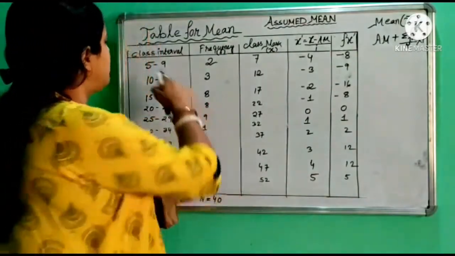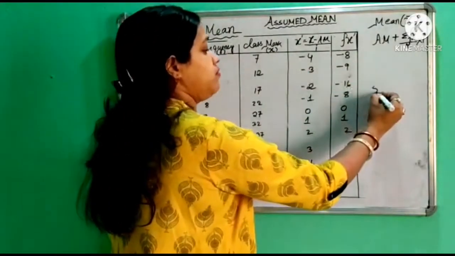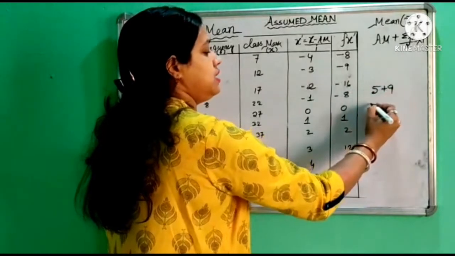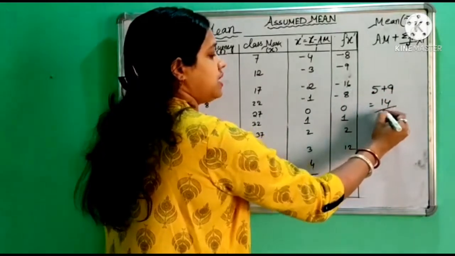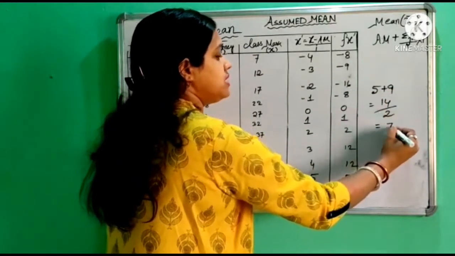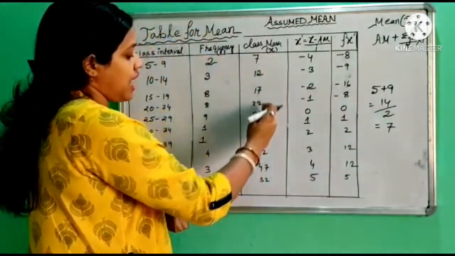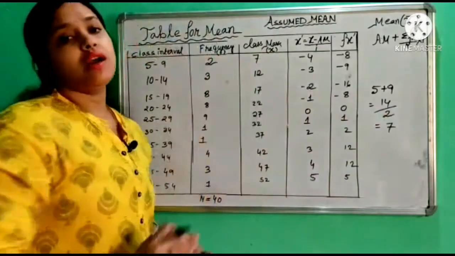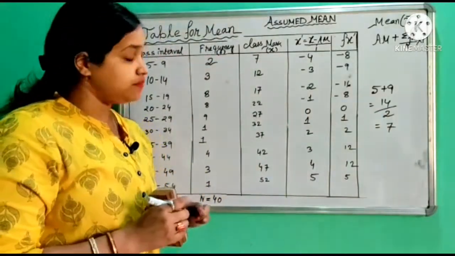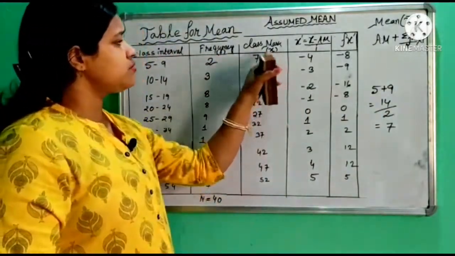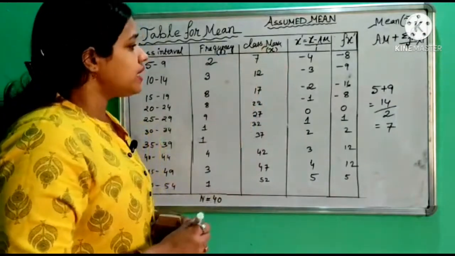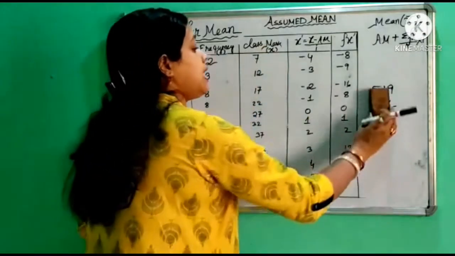Very easy. 5 plus 9 equals 14, divided by 2, we find 7. In this way you calculate the class mark for each class. Now this x means class mark.